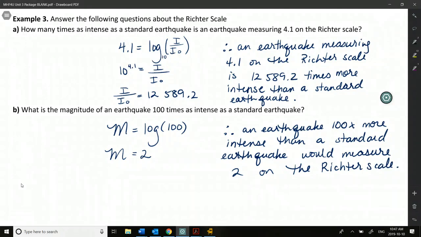That one's just literally 10 to what exponent equals 100. You shouldn't even need to really use your calculator on there.